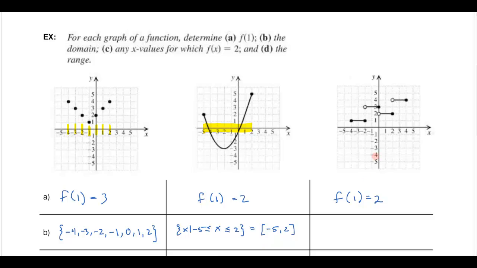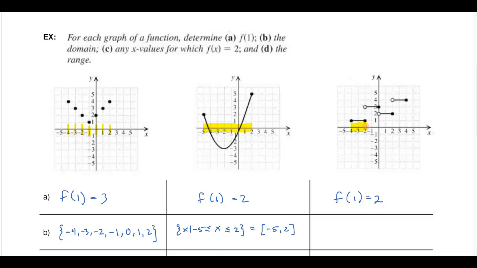Over here, the domain, again, if you just look along the x-axis, that'll tell you anywhere there's graph paired with it. So -4, -3, -2 is in there, isn't it? This little circle there means that that point is not included there, but you can see still that -2 is included here.